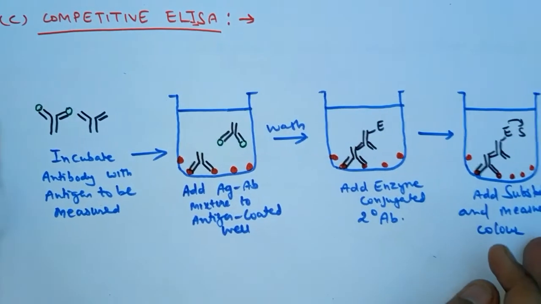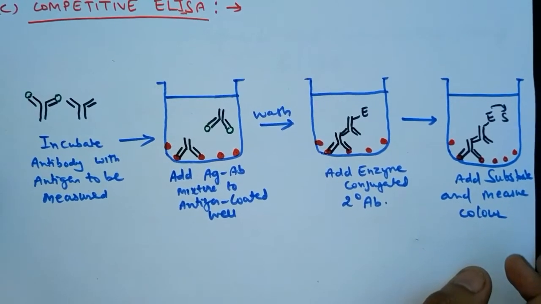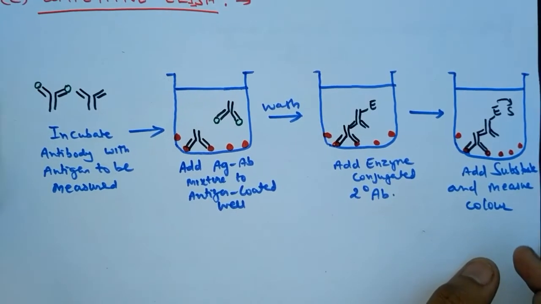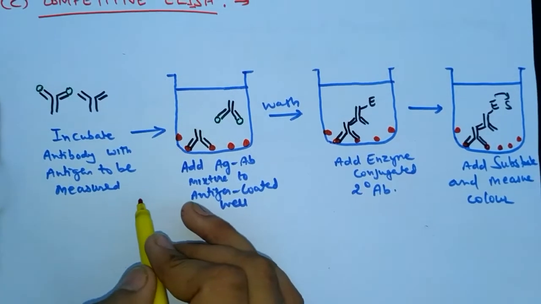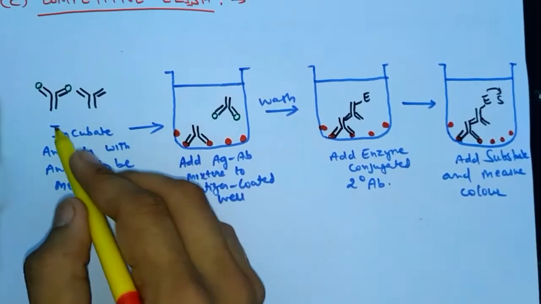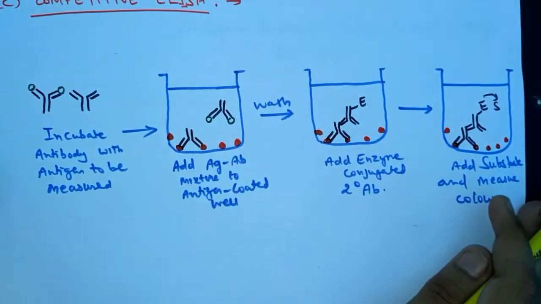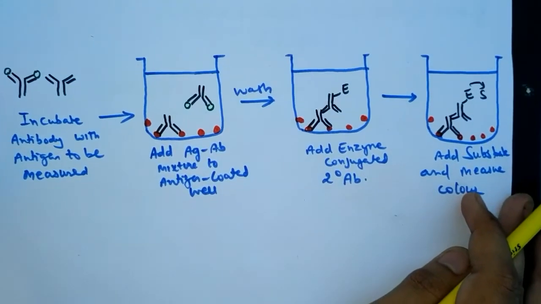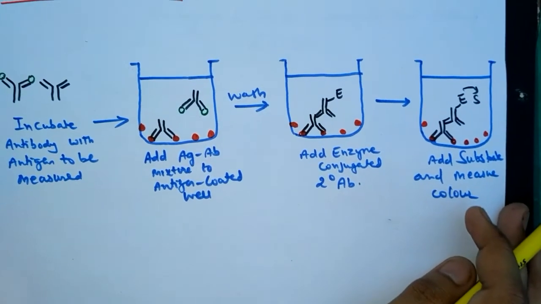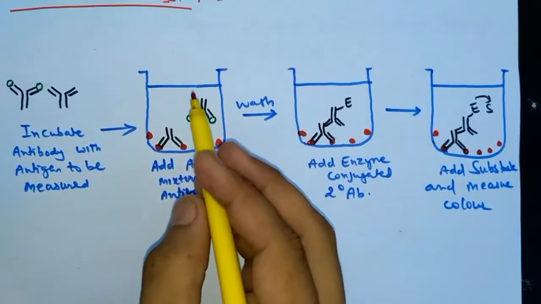As the name implies, there is a competition between the antibody and antigen for their binding. Firstly, we incubate antigen and antibody outside the reaction, and we produce antigen and antibody complex. Then we add the antigen antibody complex to the antigen coated well.